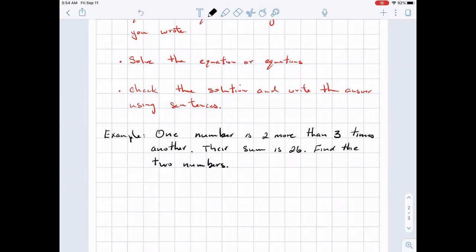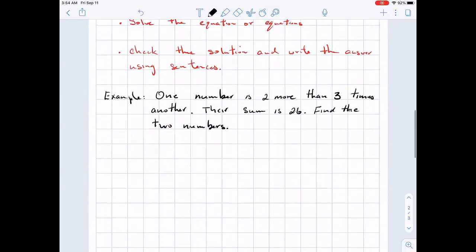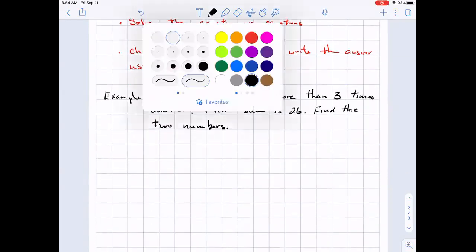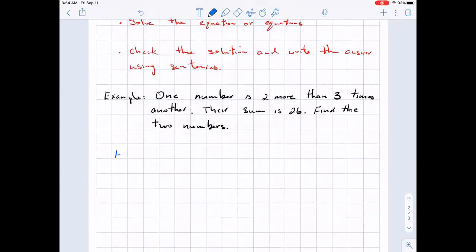We do know we have to work with 2 numbers. So some hints and notes here: we have 2 numbers, okay?